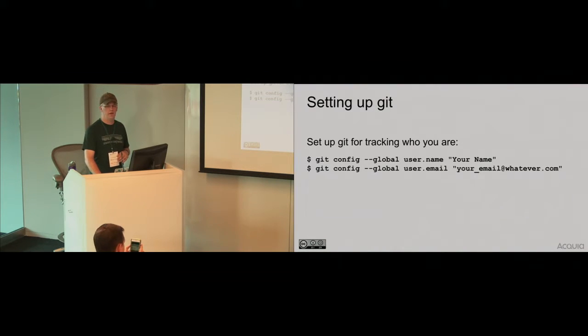This isn't anything that's going to mail you or put you on lists. It's just for when you make a commit. It looks like the header for an email, and we'll see an example of that, but it just helps identify you so that people know who was doing what.